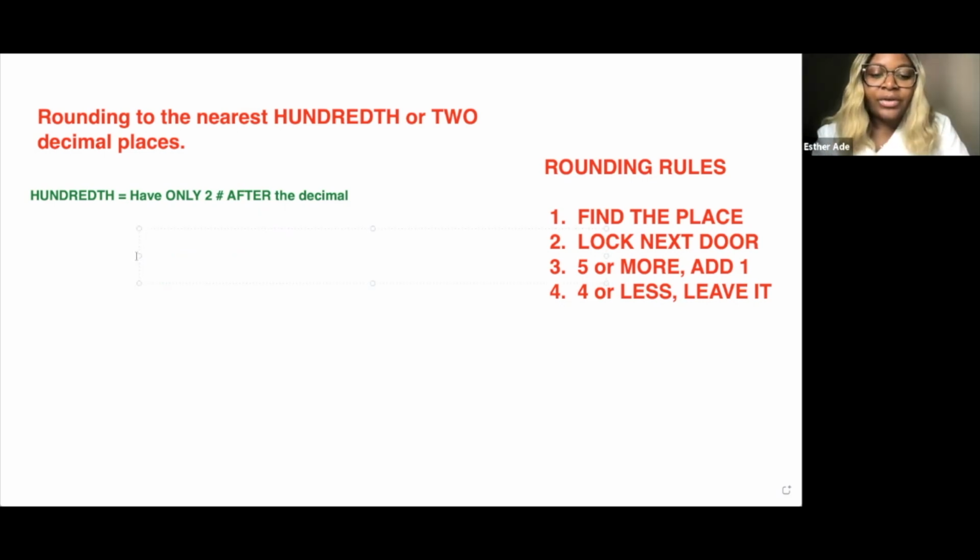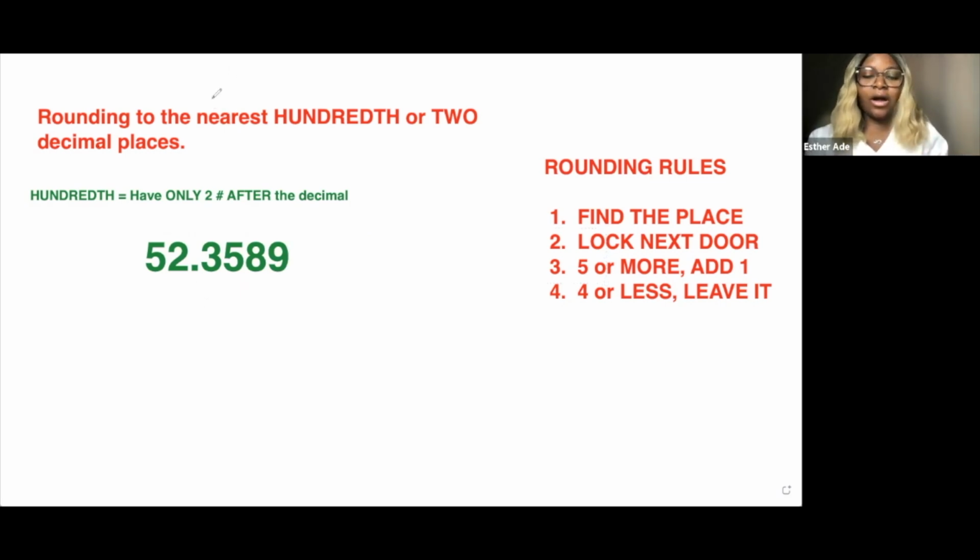All right. What if we have 52.3589? A lot of numbers, I know, but it's still the same exact rules, guys. So 100th place means I have only two numbers after the decimal. So my answer ends right here. I lock my gate, I lock the door. What am I going to do about these other numbers?